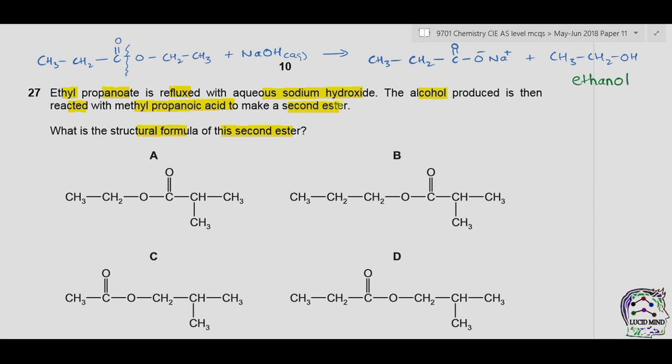Let's draw the structure of methyl propanoic acid. In propanoic acid we have 3 carbon atoms. When methyl is attached, it means it is on this carbon atom. So this will react with this ethanol in such a way that water will be formed from this OH and H, and the rest of the compounds are combined together to form the ester. The product will be like this.